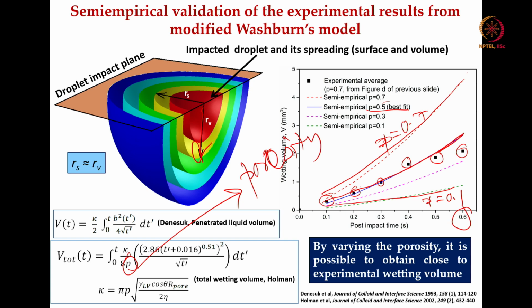By varying the powder bed porosity, what we are able to see is that when the powder bed porosity is 0.5, our experimental data matches very closely with the modified Washburn's model, and we are getting a very close correlation between the experiments and the analytically obtained values.